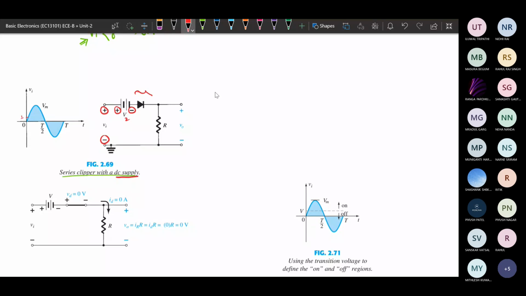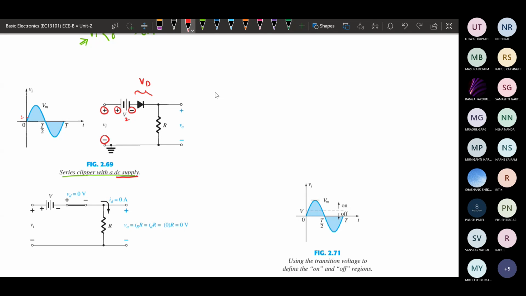Okay, so suppose we need to find out the VD value. If this diode is on, there is a VD voltage drop across it. So by using this we can see what the KVL is.